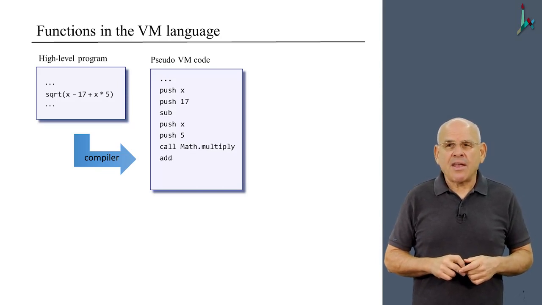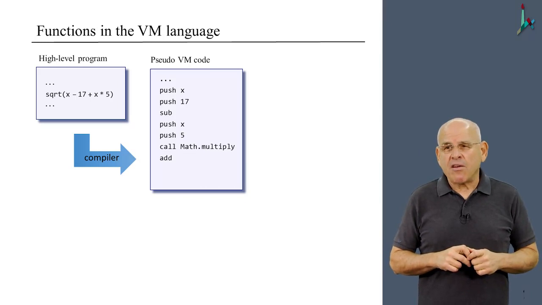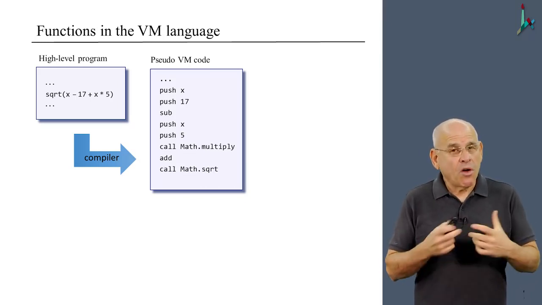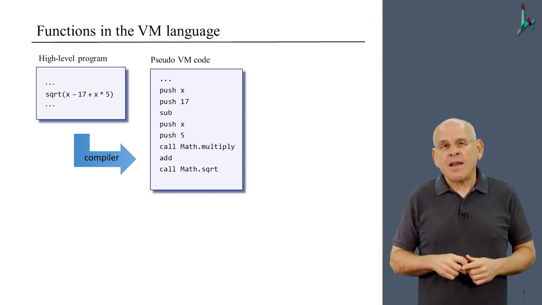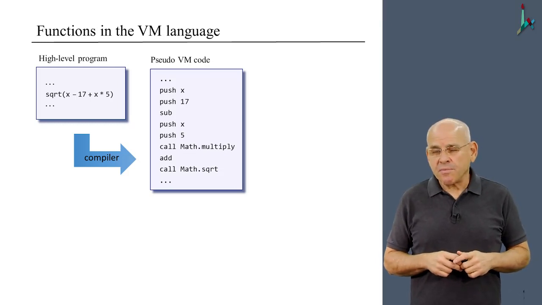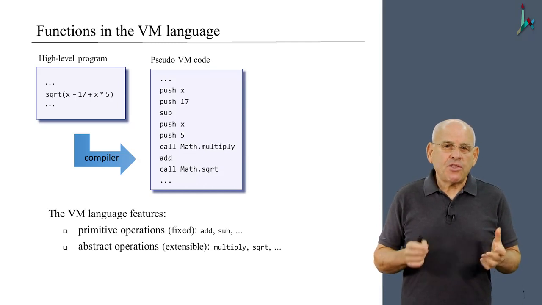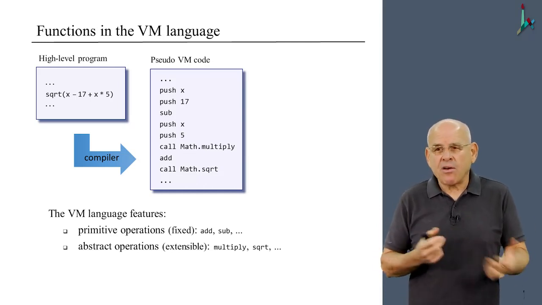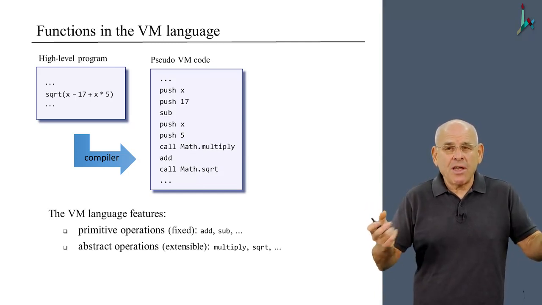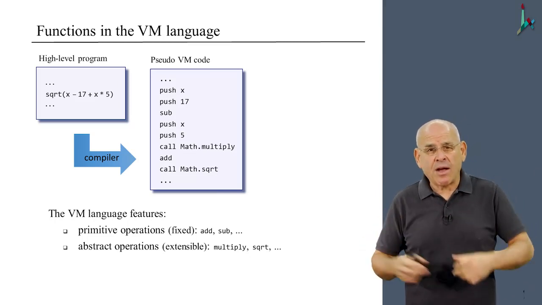And then I can carry out the addition of the result of the multiplication and the value of x. Then I can call the square root function, which is also part of the math library of the host operating system, and so on and so forth. So we see that the VM language features two types of operators, if you will. First of all, there are the fixed operations, which are part of the language, add, subtract, and so on.